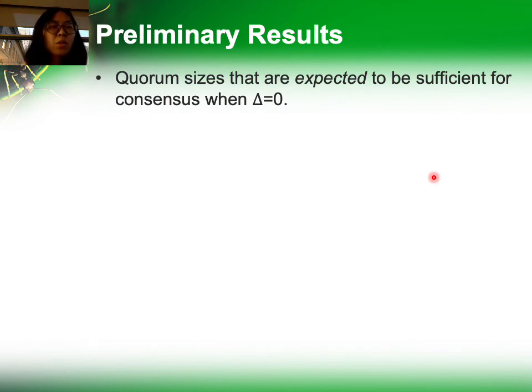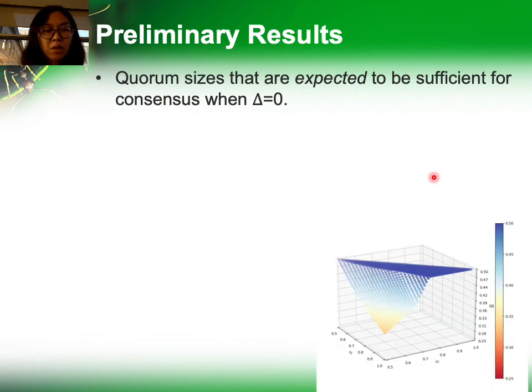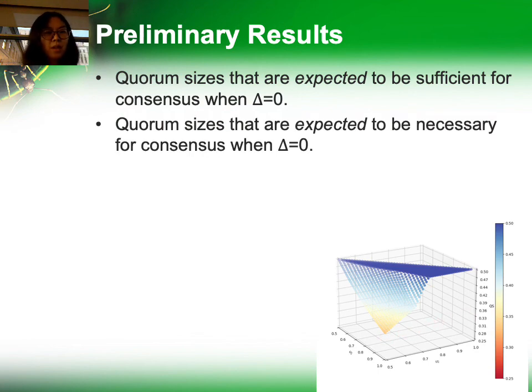So here are our preliminary results. We show quorum sizes that are expected to be sufficient for consensus when delta is equal to 0. And here is a 3D representation where this axis is U1, and this is U2, and this is the desirable quorum sizes. And as you can see, the lowest value here goes to about 30%.